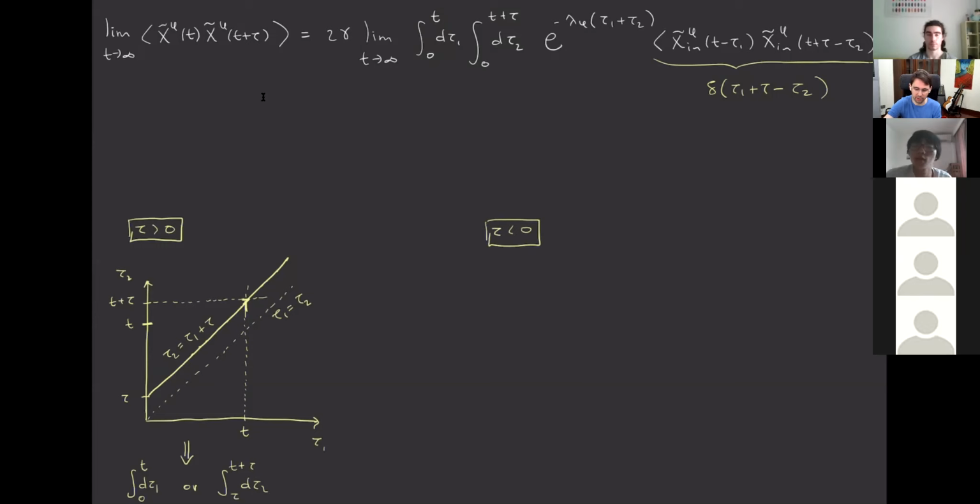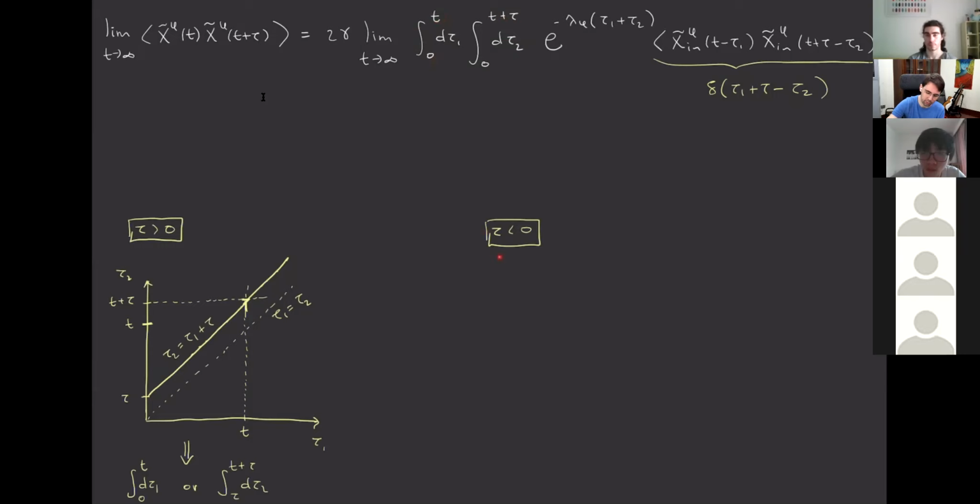Another way of saying it is that you are just asking where these two integration domains overlap, okay? And then you stick to that domain. So in particular, you see that tau1 goes from 0 to t, and tau2 goes from 0 to t plus tau. So the overlap is only 0 to t, okay? So that's all you can do.